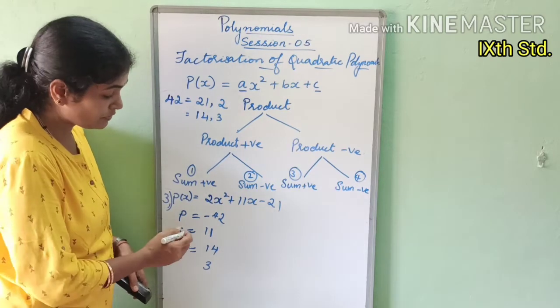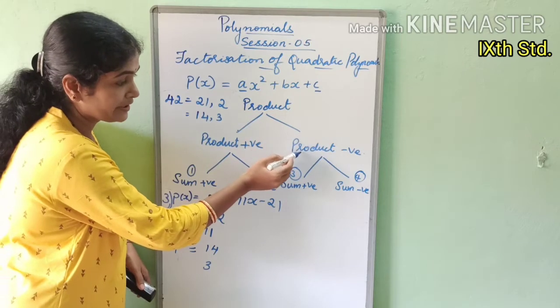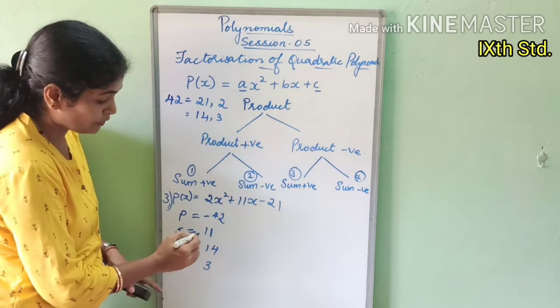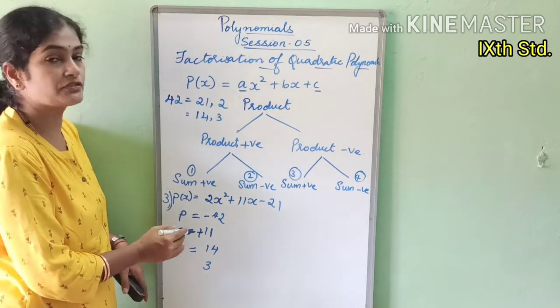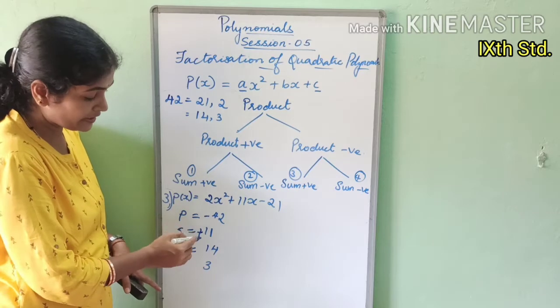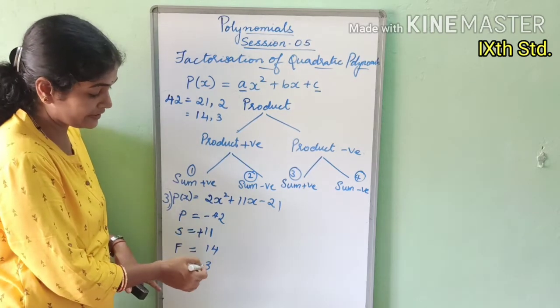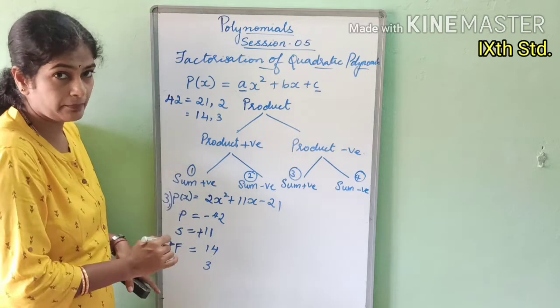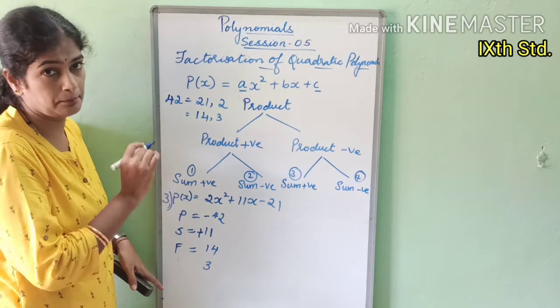So see, this is the third type. Once again, I am telling you, product is negative, sum is positive. That time, look at the sign of the sum. The sum here is positive. So in these factors, whichever is the greater number, for that greater number you put the sign of the sum.